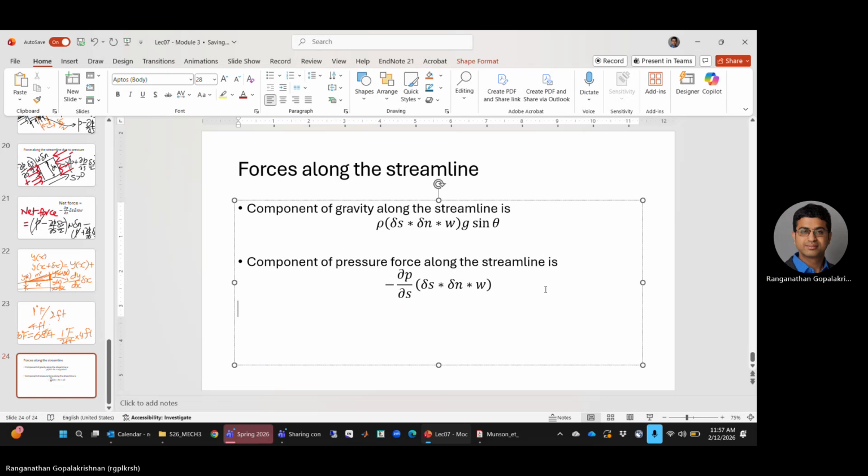If Newton's second law is F equals ma, what is a? What is the acceleration of this fluid particle along the streamwise direction or along the streamline?